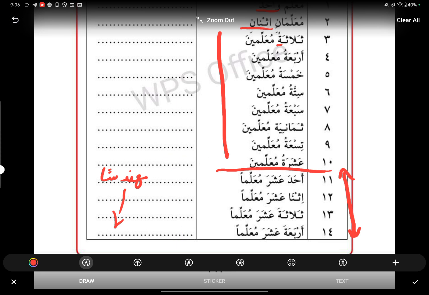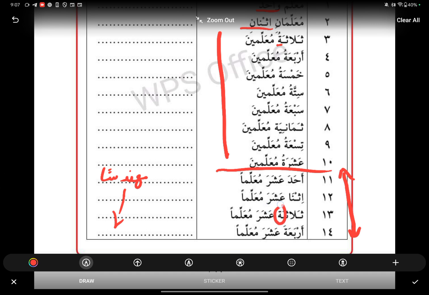Start at 10 for me, inshallah. Bismillah. 10 muhandisin. 12 muhandisa. 13 muhandisa. 14 muhandisa. Ahsant. Barakallahu feek.